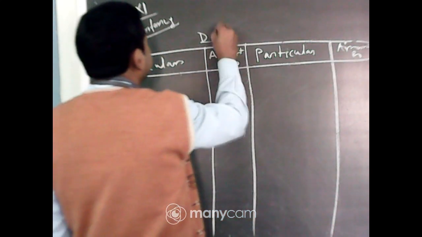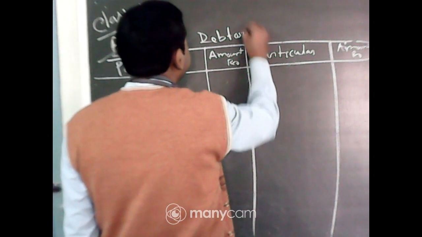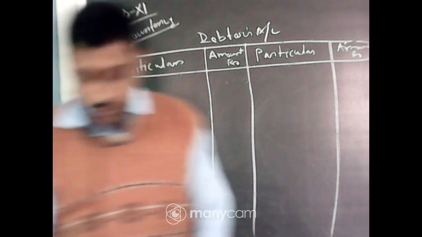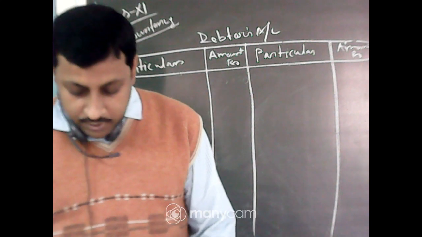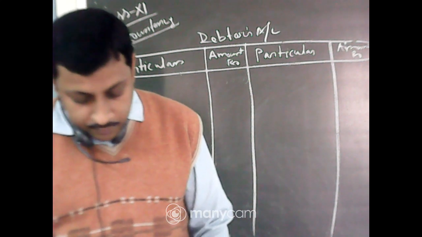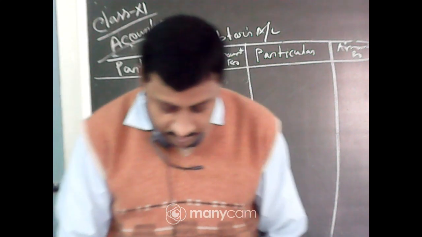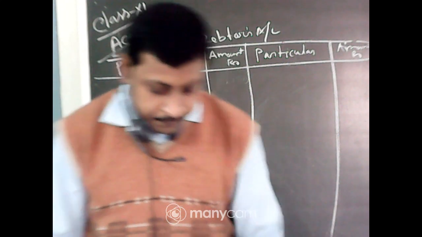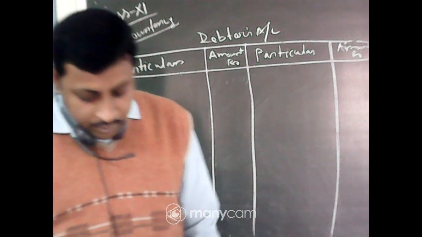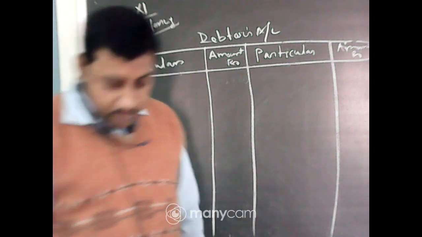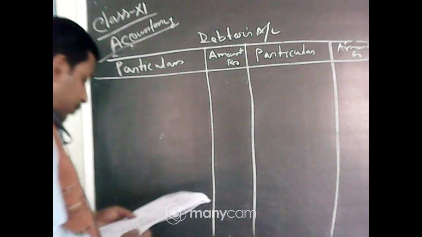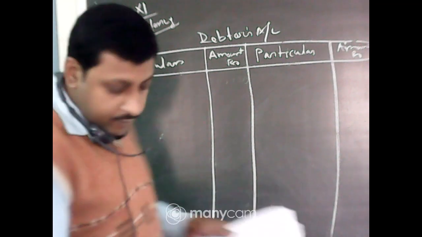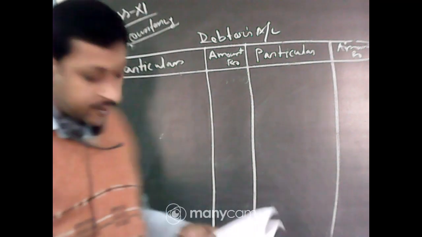Now that is debtors account, and for that we are taking an example from your NCERT book, that is question number 24, page number 483. Okay, question number 24 from your NCERT book, page number 483. You can find it in the exercise of the chapter Accounts from Incomplete Records.